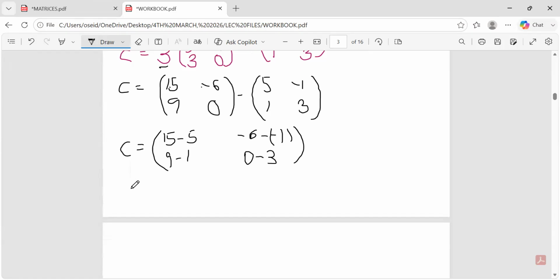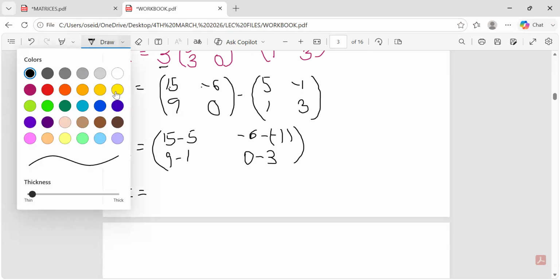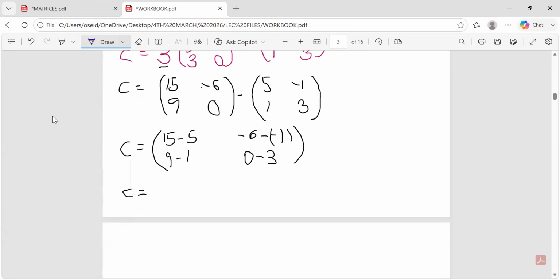So 15 minus 5 will give us 10. And 9 minus 1 will give us 8.